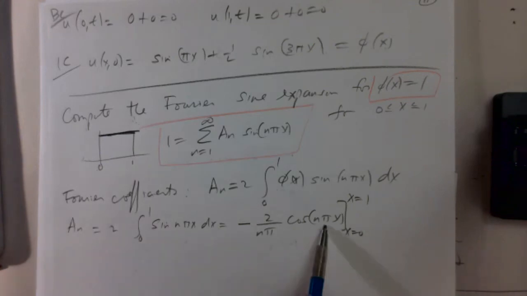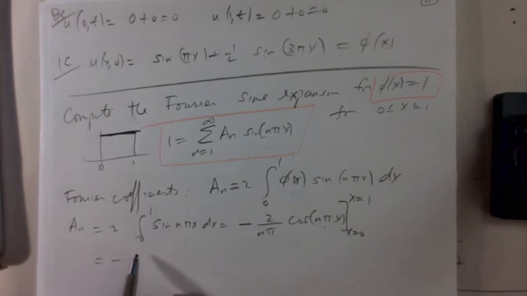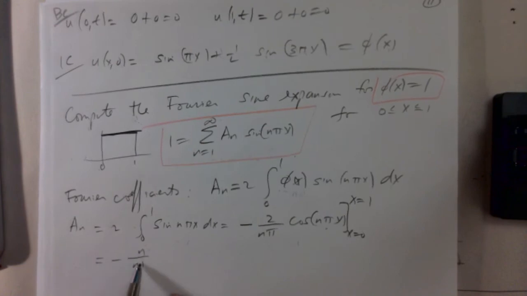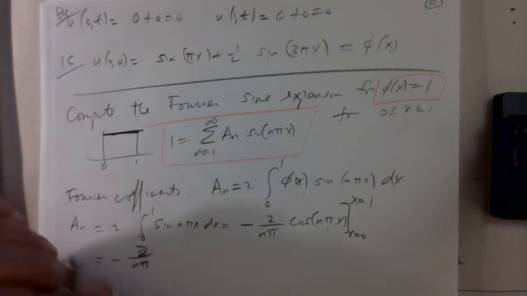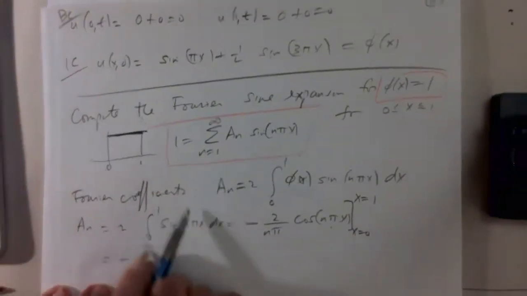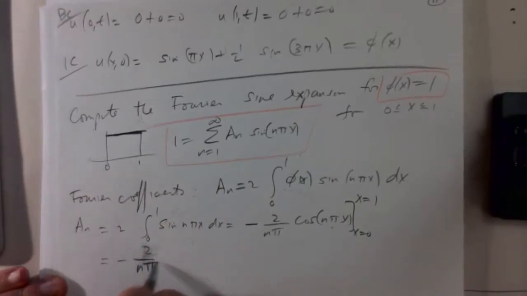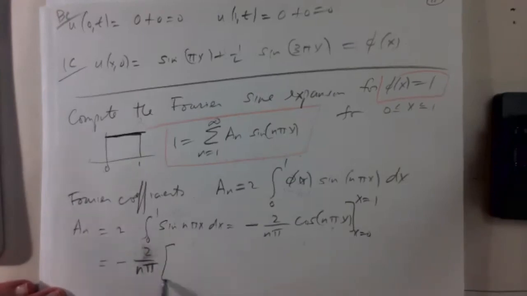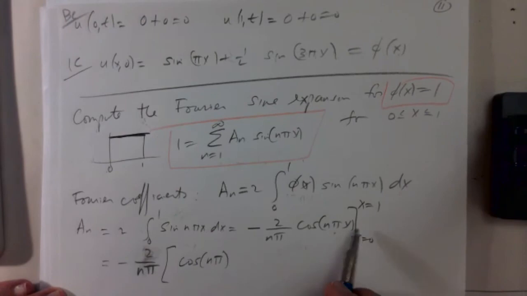When x equals 0, of course, this is 1. What is it when x equals 1? So let me just write this: minus 2 over n pi times cosine of n pi minus the cosine of 0.